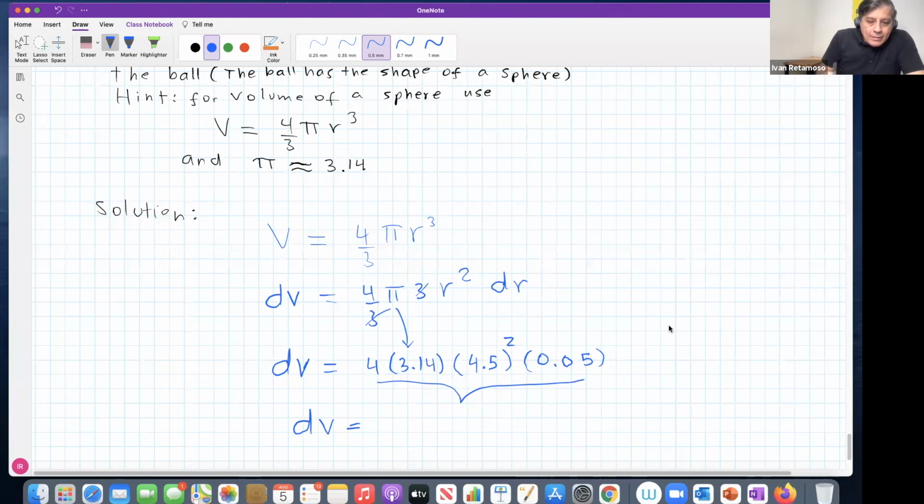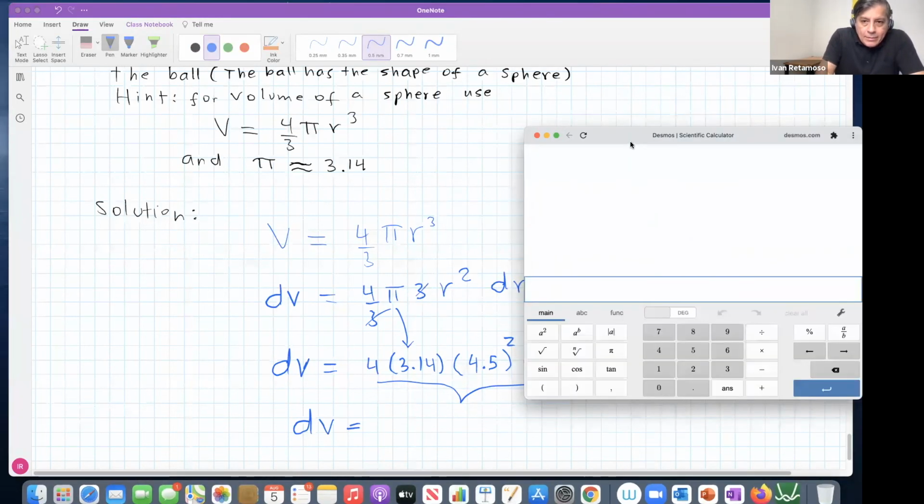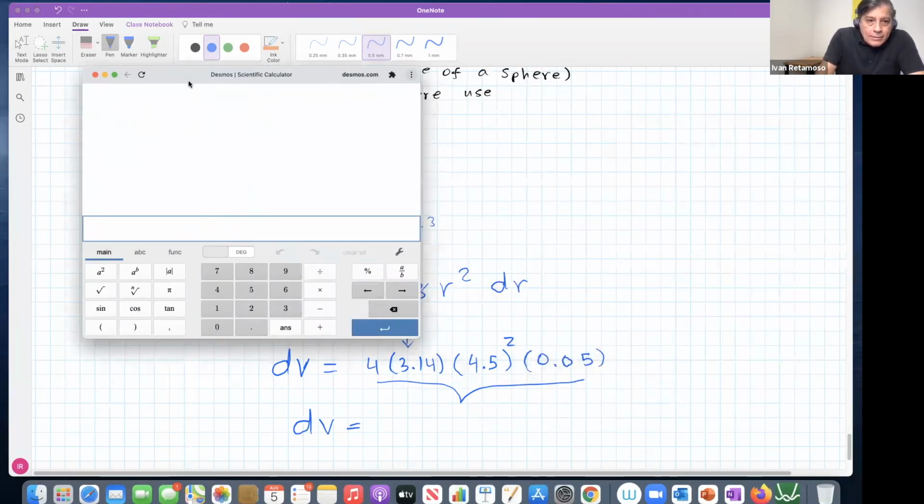All right, so putting this in the calculator, follow the instructions: if they tell you to use 3.14 for pi, you should do that. So 4.5 squared, and then this times 0.05, gives me 12.717. Let's write it down.